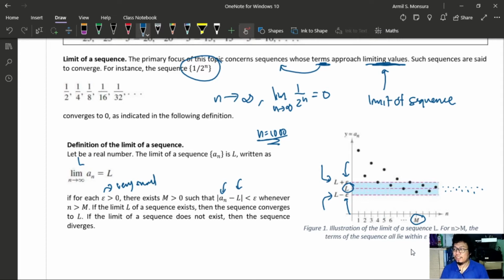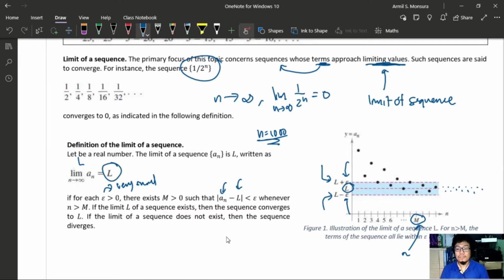So there is this very large M that we consider as the value of small n, that number of terms after which your sequence is within this band of numbers. In that case, we will consider that your sequence has a limit L.